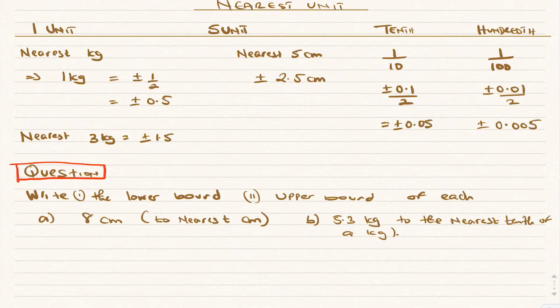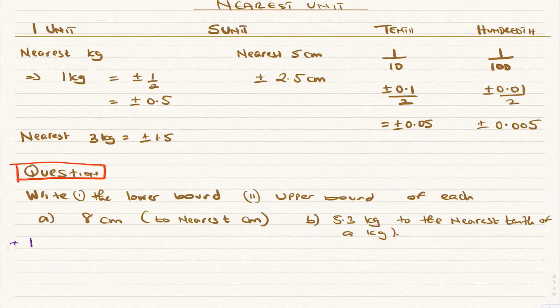Here's a question regarding nearest unit. The question says, write the lowest bound and the highest bound of each measurement. In this case, A is 8 centimeters. Well, to the nearest centimeter, so that means 1 centimeter.